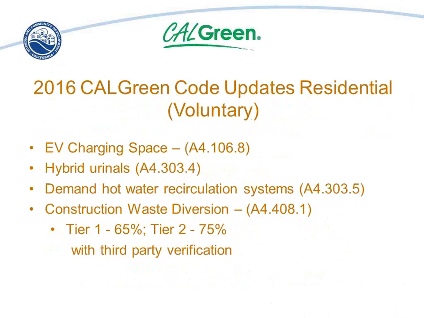And we also included an elective recognizing demand hot water recirculation systems, and we also included a definition for that in CALGreen. Construction waste diversion, although we made a change in the mandatory requirements, we did not change the Tier 1 and the Tier 2 very much as far as the percentages, but we did make it a requirement to have third-party verification of those reduction percentages.